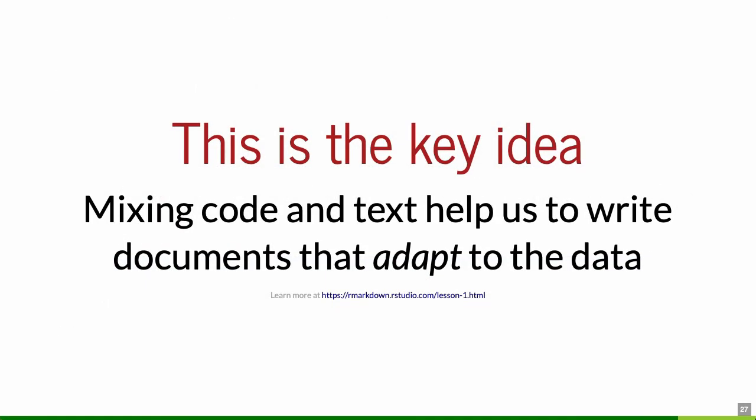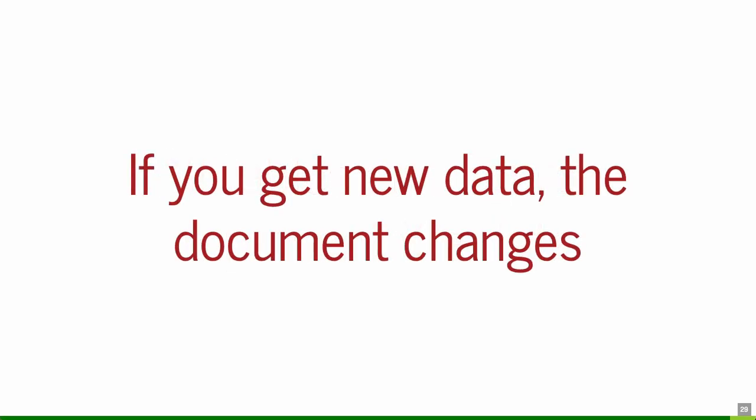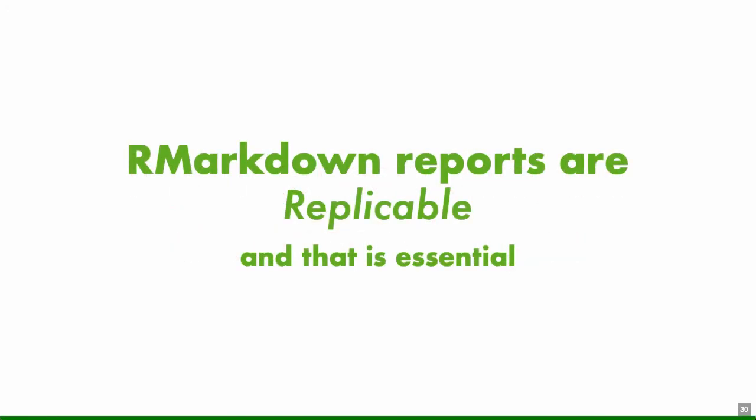This is the key idea of R Markdown. Mixing code and text will help us to write documents that adapt to the data. All tables and figures will correspond exactly to the data available, and if you get new data, the document will change. R Markdown reports are replicable, and that is essential in science.